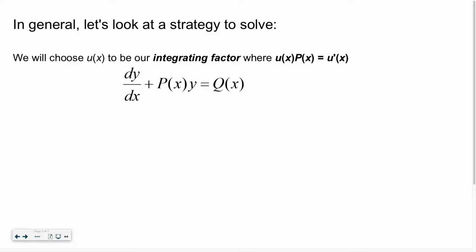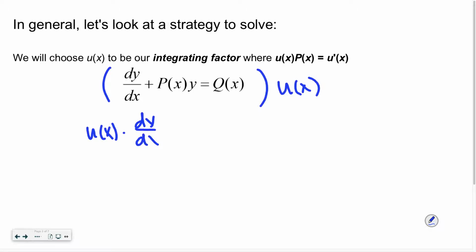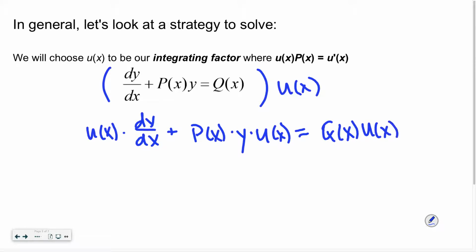All right, so I am going to multiply everything by our integrating factor. So we have u of x times dy dx plus p of x times y times u of x equals q of x times our integrating factor. I told you that we are going to pick an integrating factor specifically so that u of x times p of x is u prime of x.